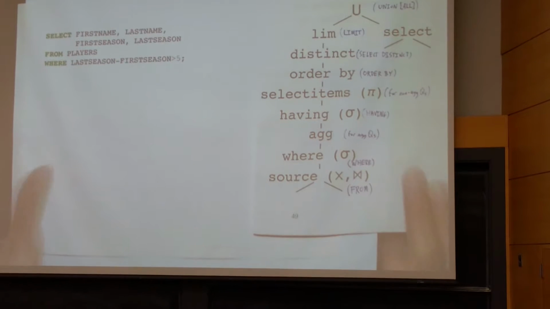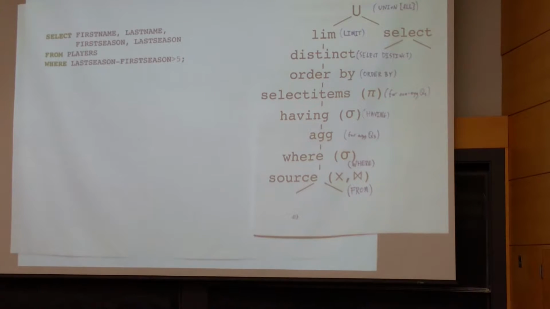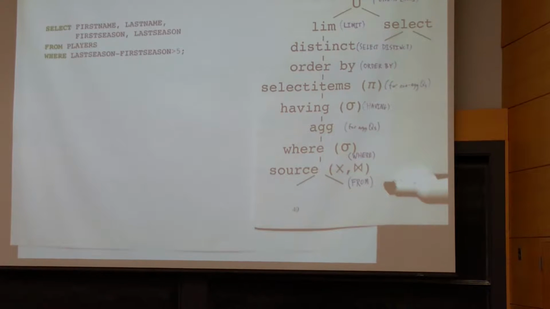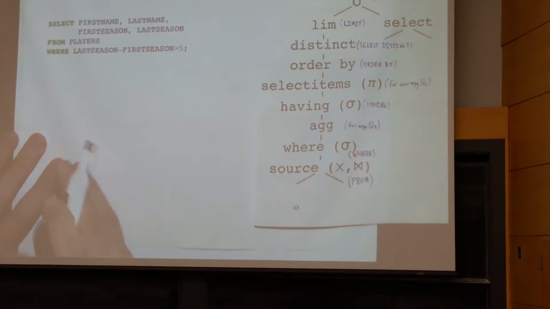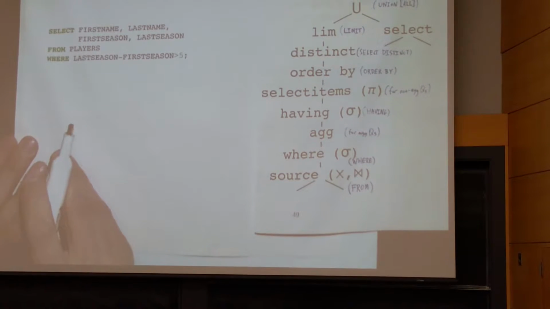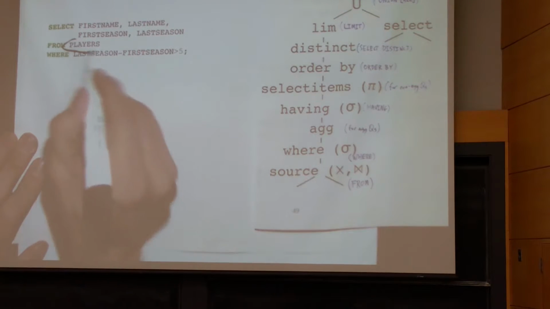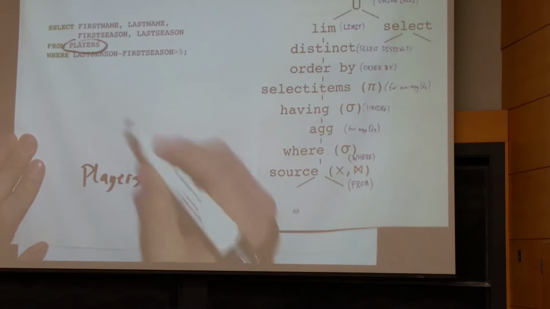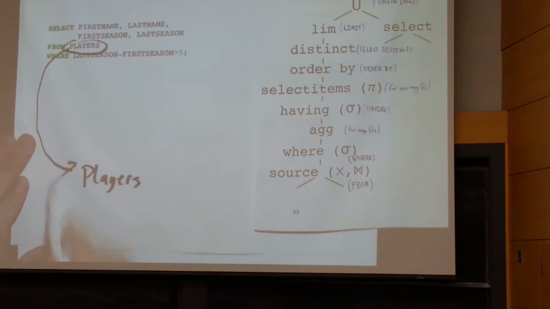Okay, so where do we start? If you want to translate this query, what's the bottom of the relational algebra tree that we'd like to create? The from clause. Okay, so we start with the from clause. In this case, what is that? Players. So we take players and start from there.